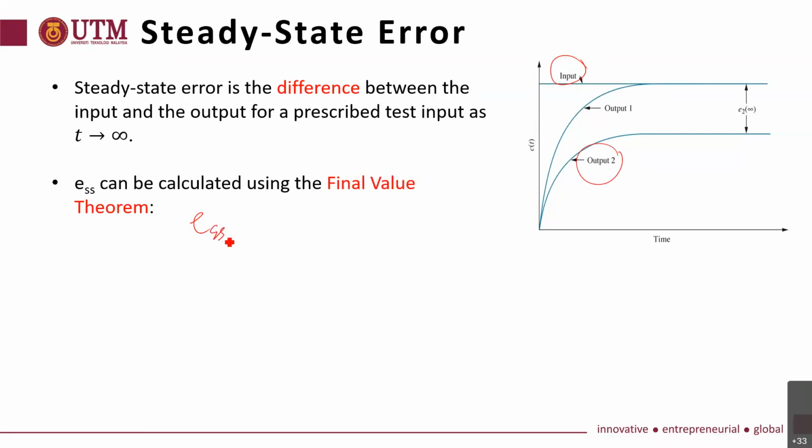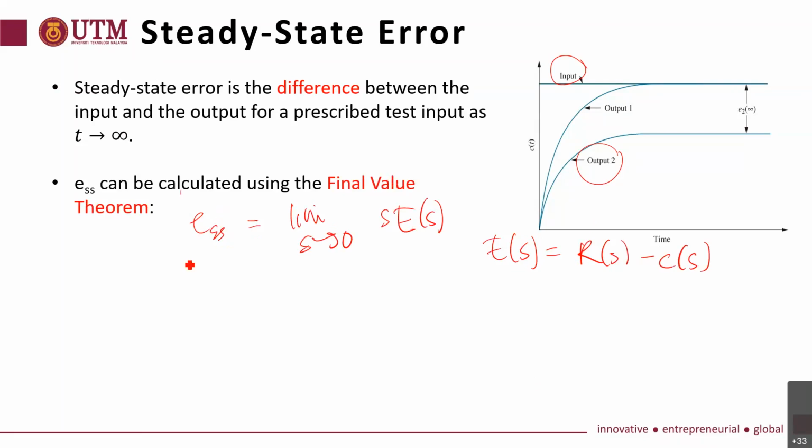SS means steady state, E means error, and it is the limit as s goes to 0 of sE(s), where E(s) equals R minus C. This formula is known as the final value theorem.